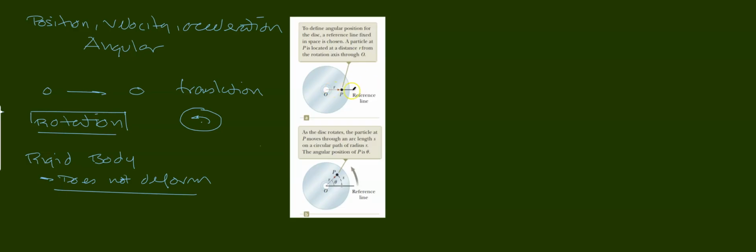For this position, we're going to say that the initial angular position is theta i, which let's say here is 0. And then we're also going to have a final angular position, which is whatever we measure this angle theta to be.